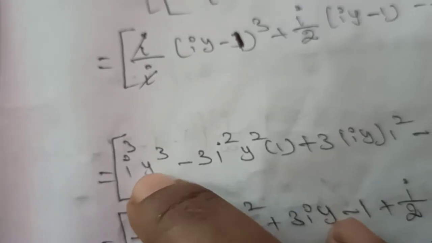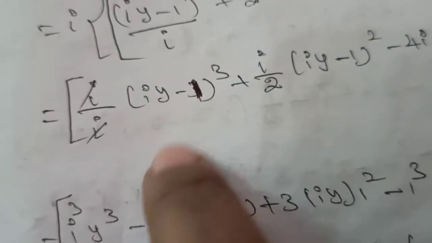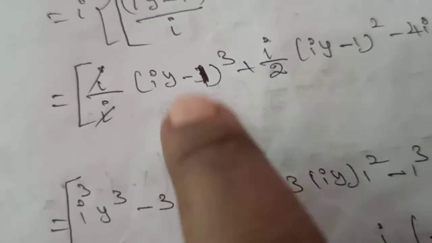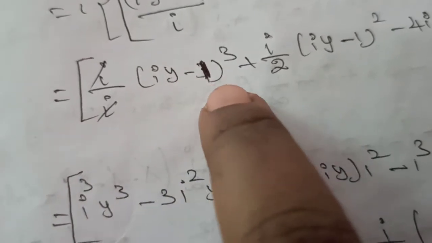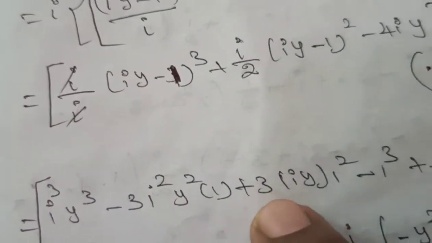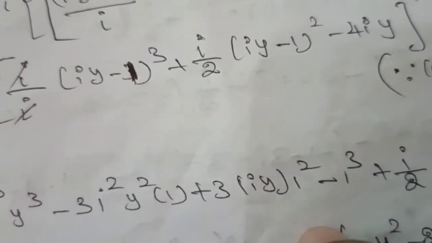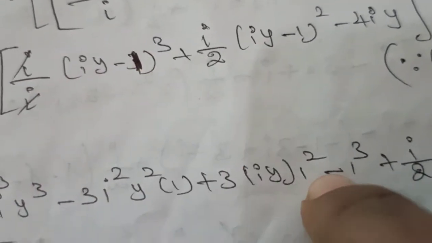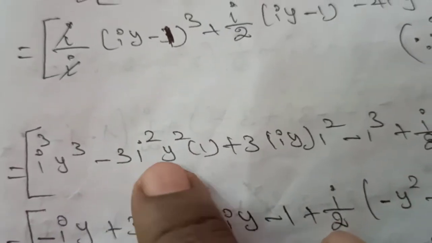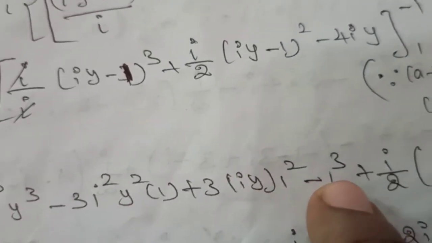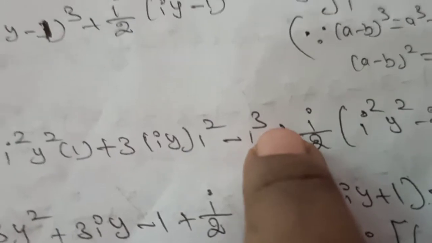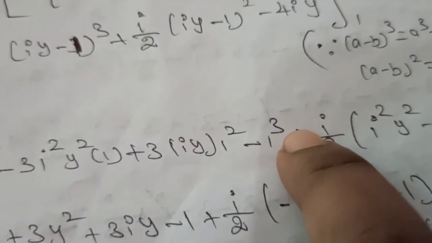So a cube is i cube into y cube, minus 3a square b, that is i square into y square into b value 1, plus 3ab square, that is 3 into i into y into b square, 1 square, minus b cube, that is minus 1 cube. So the first term uses the formula.